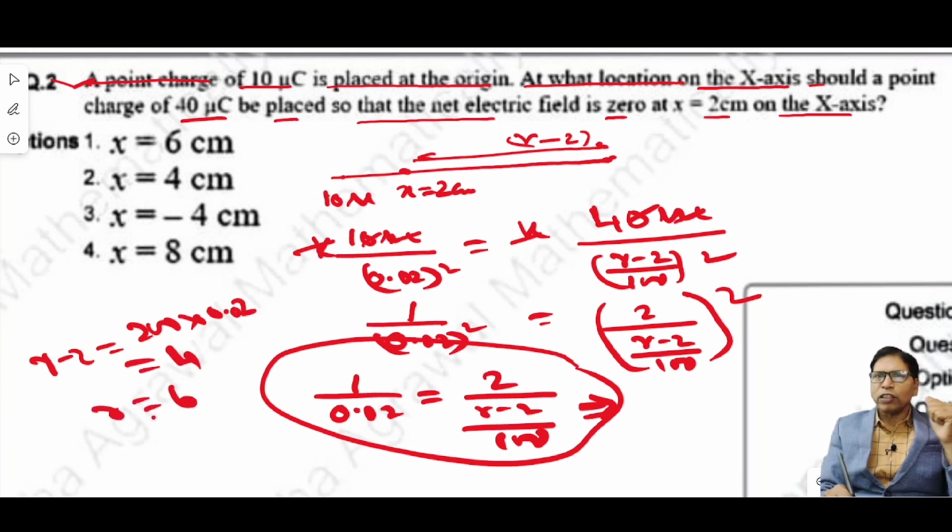Therefore r equals 6. So the position of the charge from the origin is x equals 6 centimeter. Option 1 is correct.